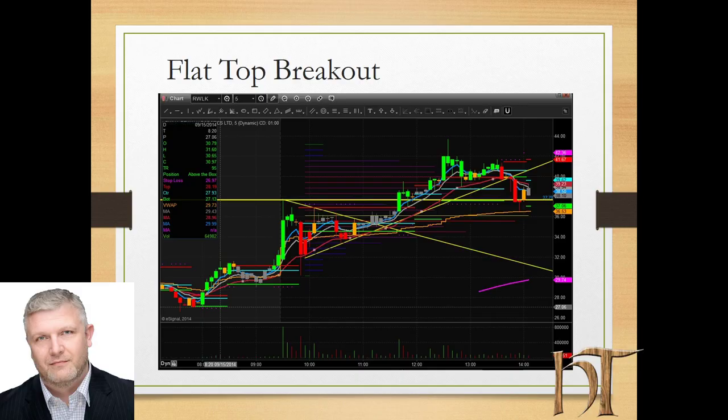Some of the smart traders are coming in early, but the majority of the volume comes in right at the high of day spike. So we've got this high of day resistance level, and that's where the volume comes in. You could buy in here at the apex, and we see a little bit of volume coming in, but then we've got this huge volume candle at the break of the high of day. So we break up on volume.